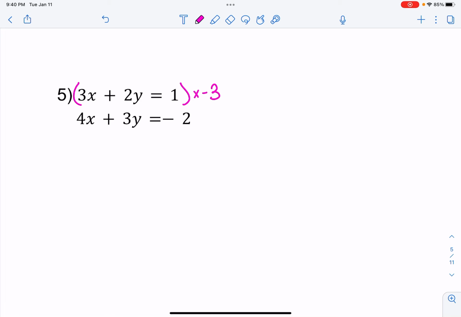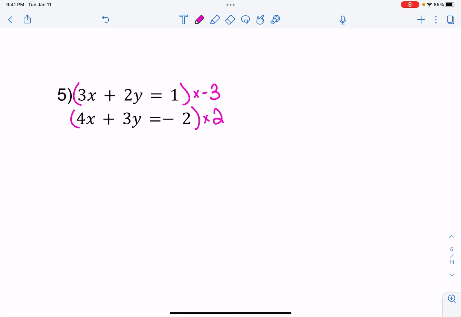So that's going to make my y a negative 6, right? Because 2 times negative 3 is negative 6. So then that means my bottom equation, I want to have a positive 6. So we are going to multiply by 2 because positive 3 times positive 2 is positive 6.